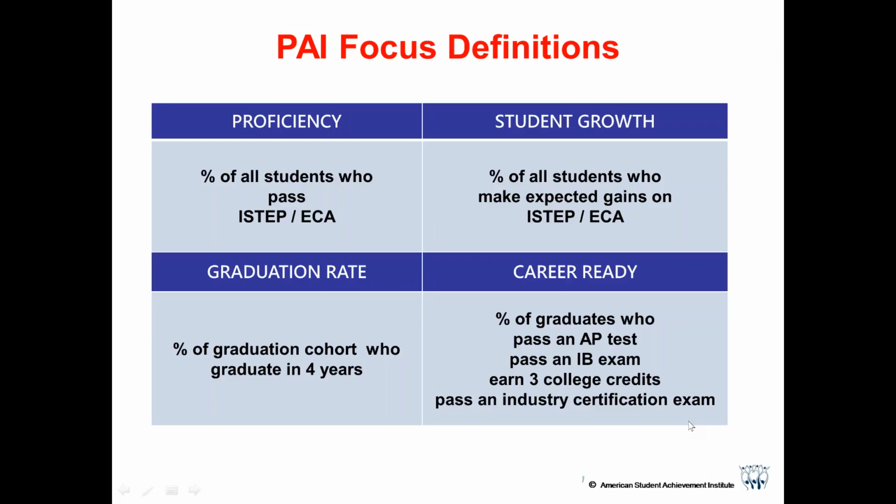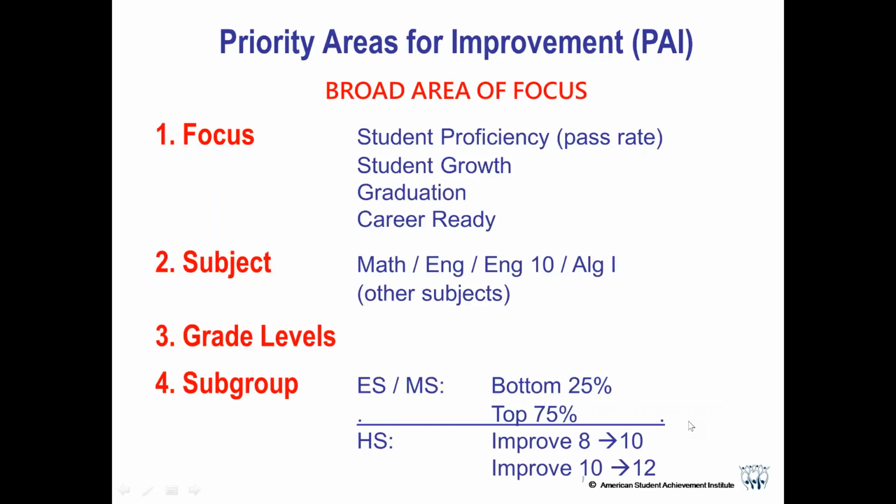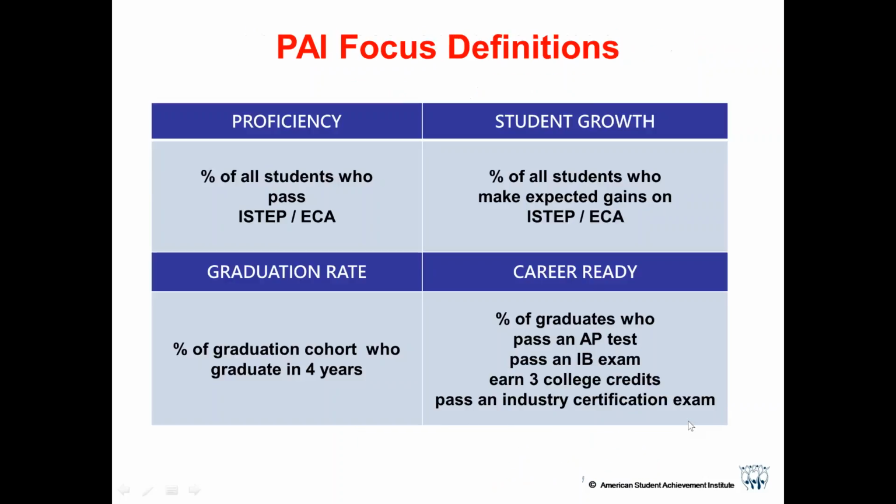And then career ready is the percentage of students who pass an AP test, IB exam, earn 3 college credits, or pass an industry certification exam. So I'm going to go back a slide, in this area when you're asked to say this is a PAI for student proficiency or student growth or graduation, this is the definition of those terms so that you know what you're talking about there.